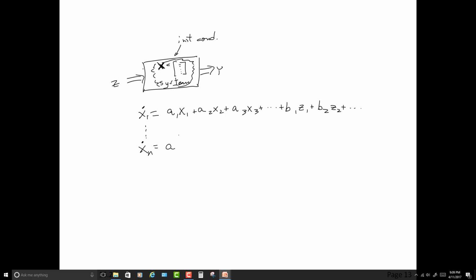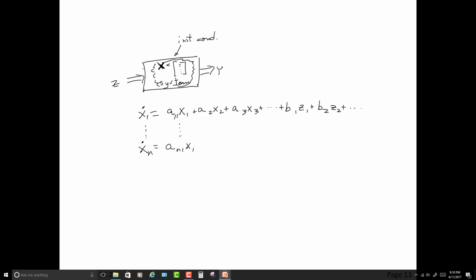Now we need an A1. We better put an additional subscript here. This is the first A that manages x1, relates x1 to the x1 derivative. Now there'll be the nth, A n1, all managing x1.